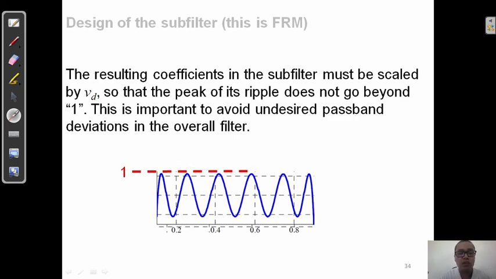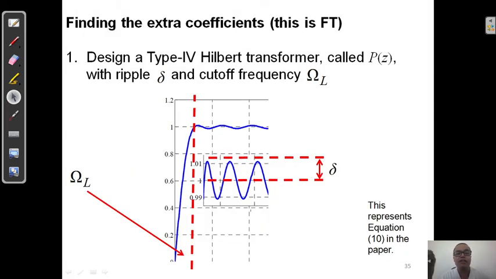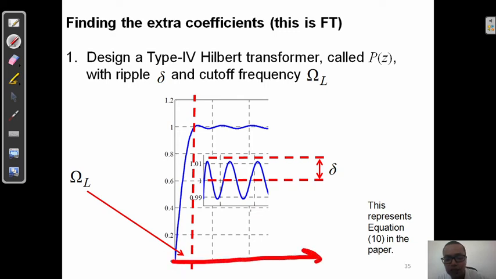Then we have to design the prototype filter P of Z. This is a type 4 Hilbert transform. Its specifications are like this. This is the omega axis. Here the frequency axis is capital omega, and here omega L is a specification for that filter.